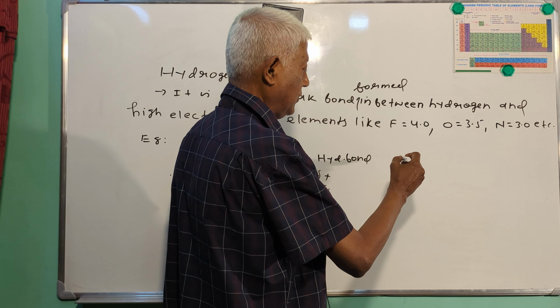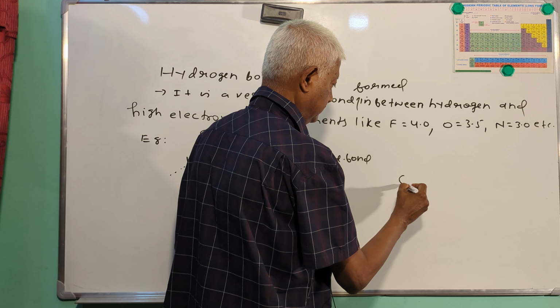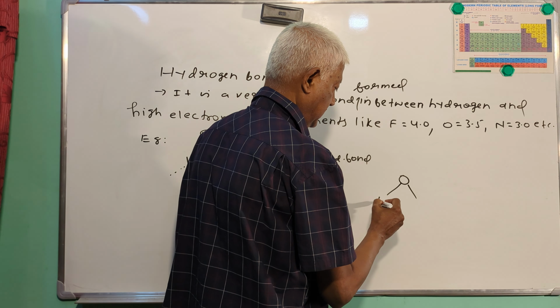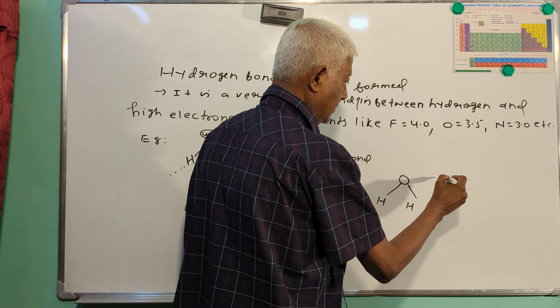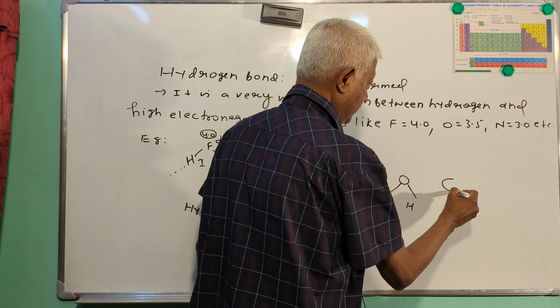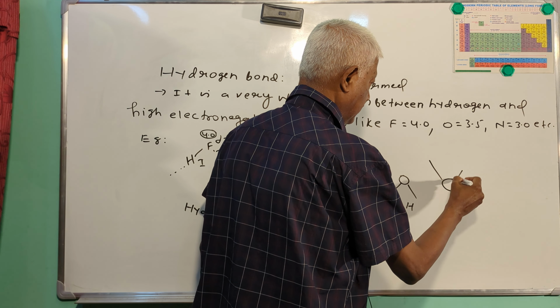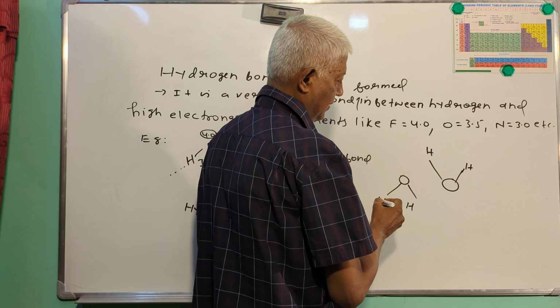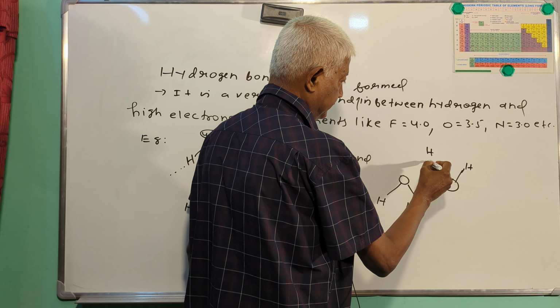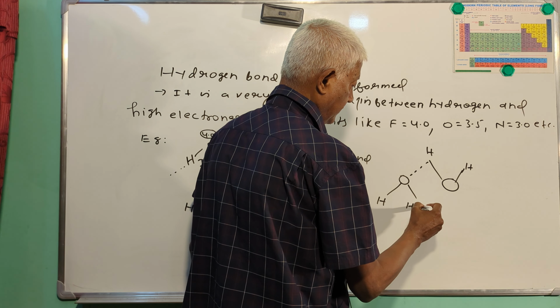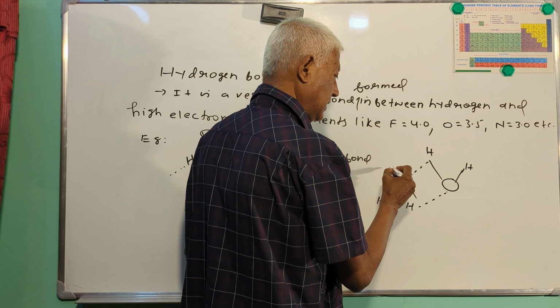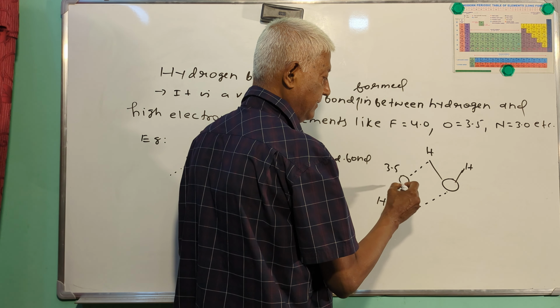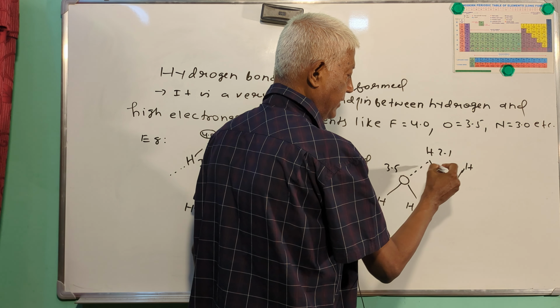Like this, or water, that is water. So oxygen has how much? 3.5. Hydrogen has 2.1. So what do you see?